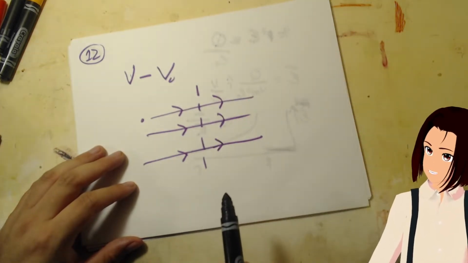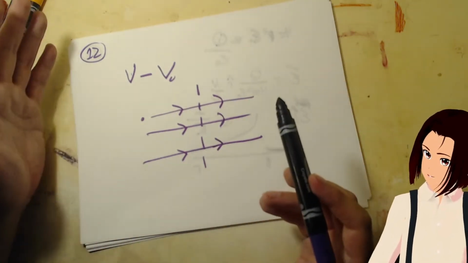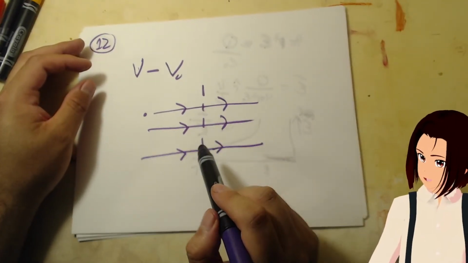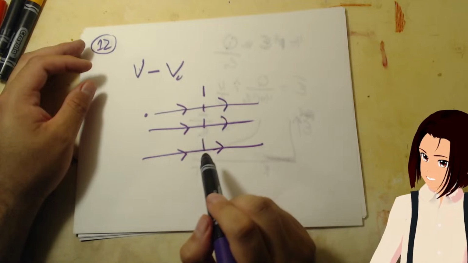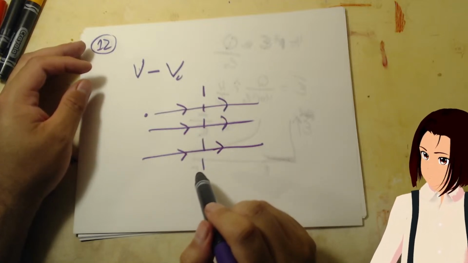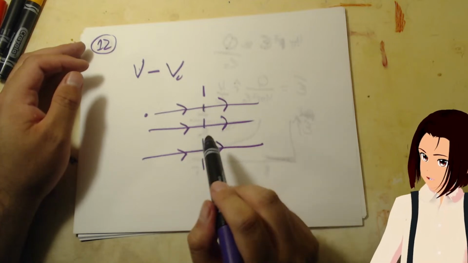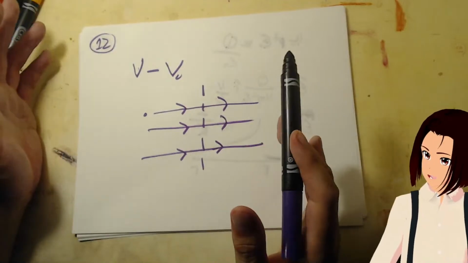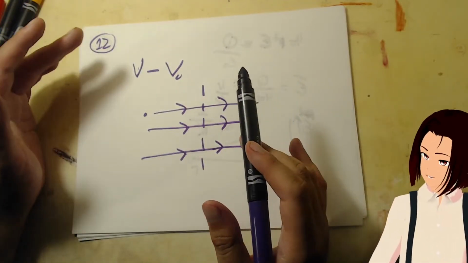That's an equal potential. That's the idea of an equal potential, because the amount of force applied everywhere on this equipotential is the same. These field lines have the same intensity and they're going through it at a perfect orthogonal angle. That's an equipotential.